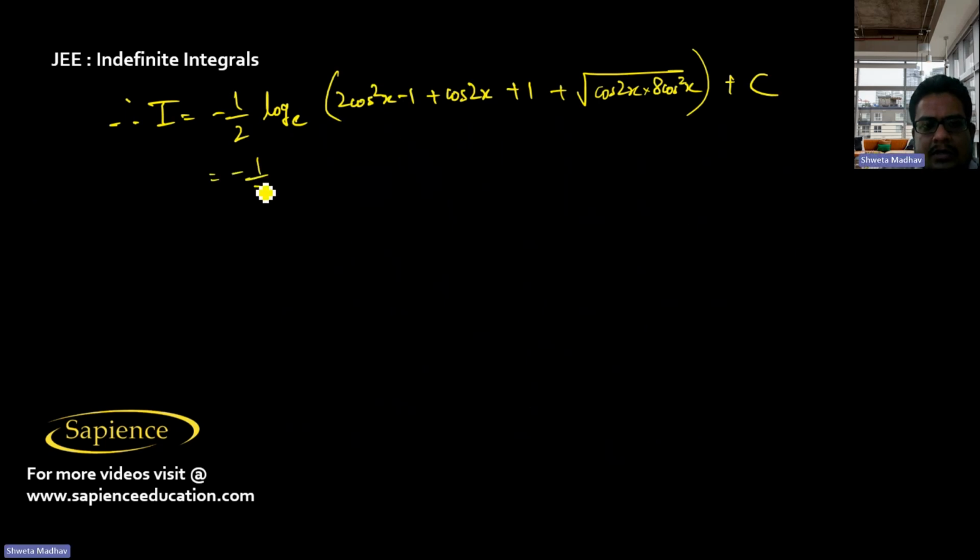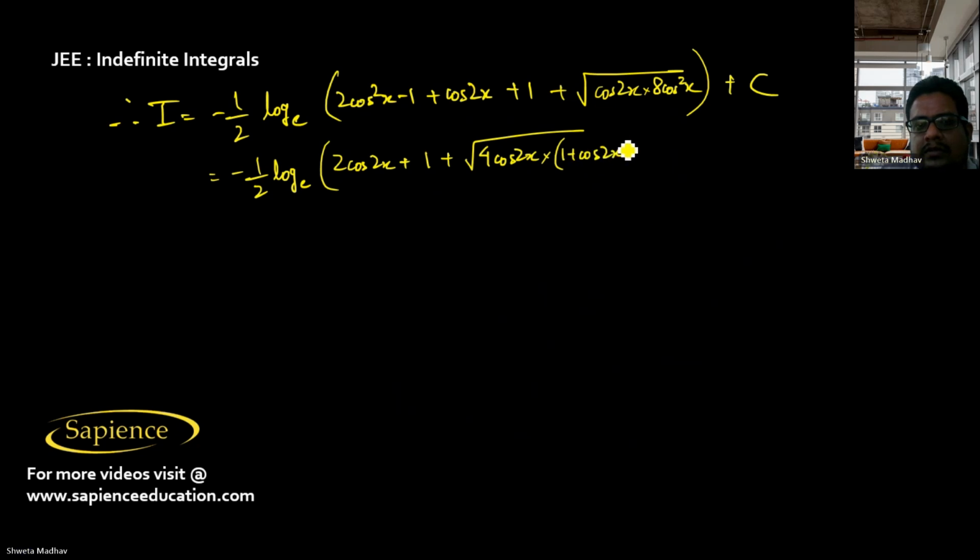So this will be minus half of log base e of 2 cos 2x plus 1 plus root over 4 into cos 2x into 2 cos square x, which I can write as 1 plus cos 2x.